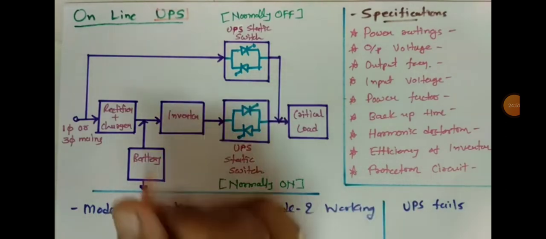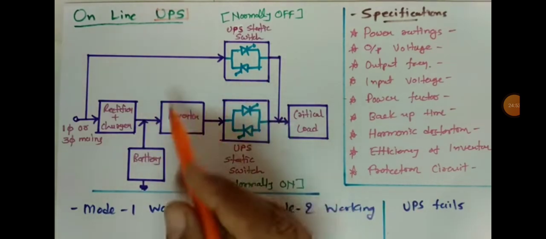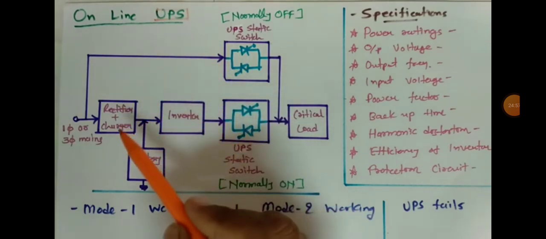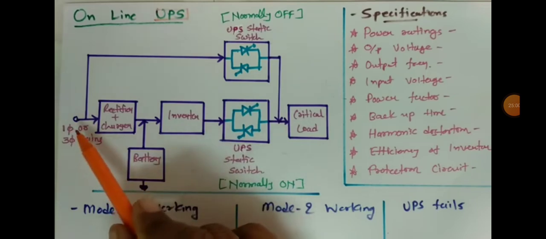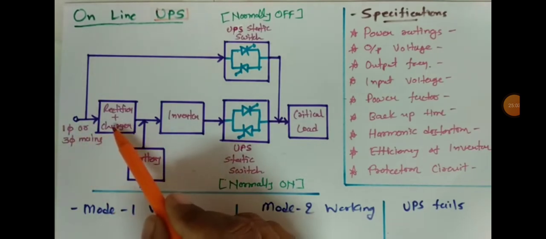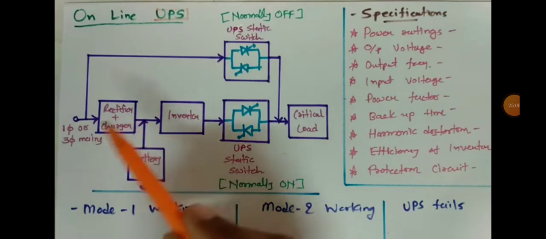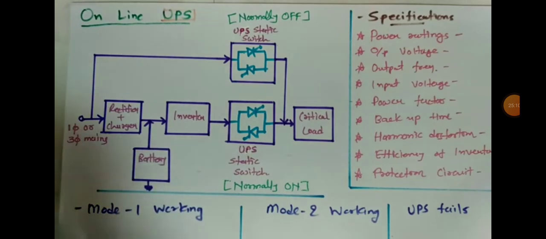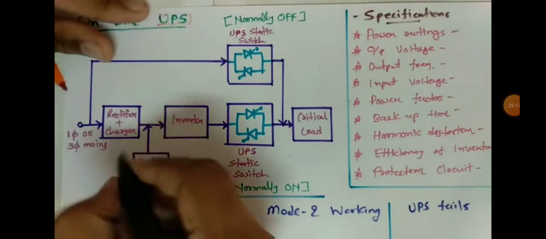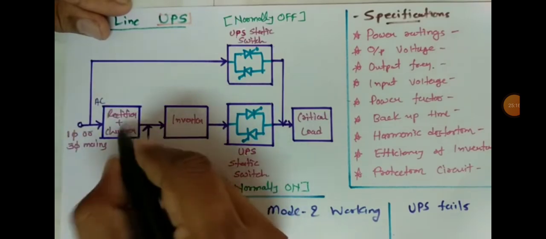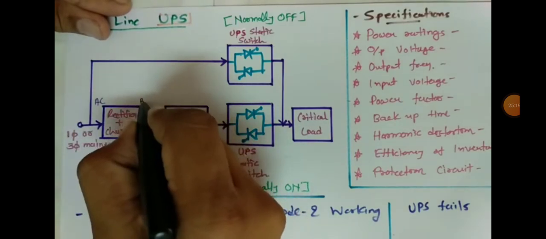In online UPS, the circuit connection is almost similar to offline UPS, where we have one phase or three phase power supply given to a rectifier circuit, and that rectifier circuit gives DC output. So at the input of the rectifier, AC input is there, and at the output of the rectifier, that is DC.